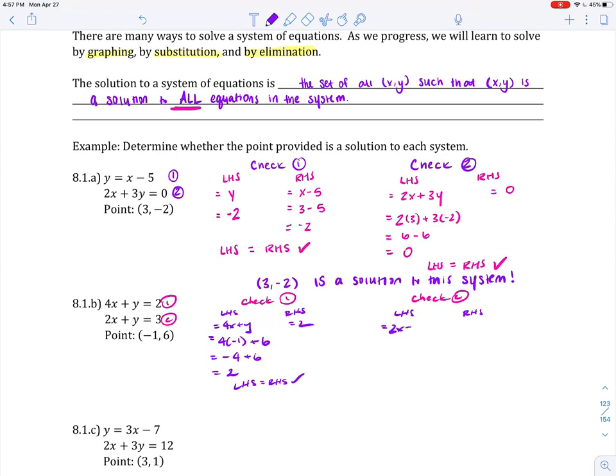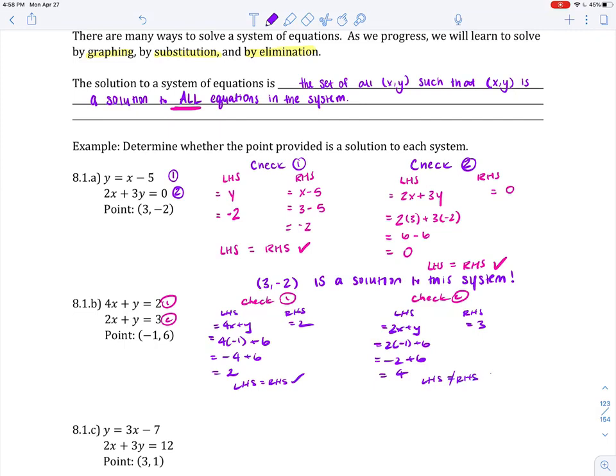All right, I'm going to check equation 2. I've got 2x plus y on the left-hand side. Again, plugging in -1 for x and 6 for y, and seeing what I get. My right-hand side is 3.